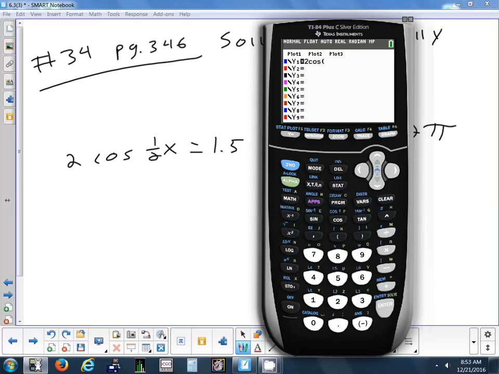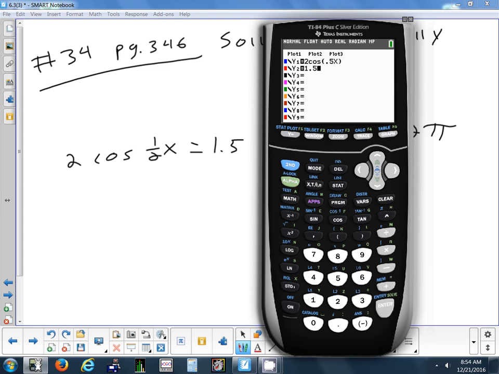And what's the highest and lowest that this function is going to go? 2 to negative 2, which is important because if you didn't have that 2 here, how high would this go? Just to 1. So would it ever hit 1.5? No. It would be like having a horizontal line above the wave. You would never reach it.